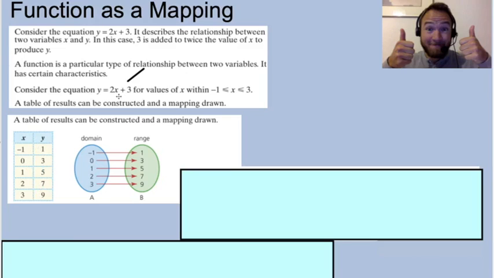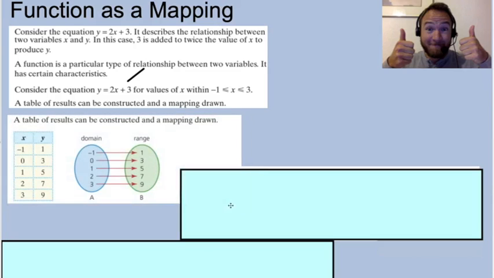So 0 times 2 plus 3 is 3, and so on. If I take these tables and put them in these two ovals, and map them with these arrows, this is a mapping. So this is the same data as this table, except it's in a function map. These function maps can be very useful in certain cases.